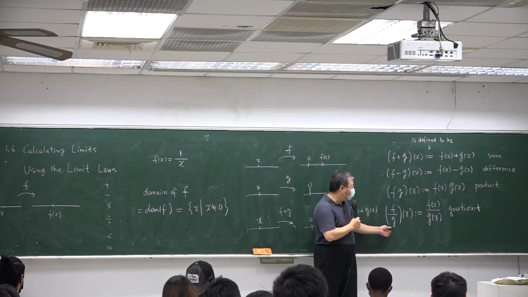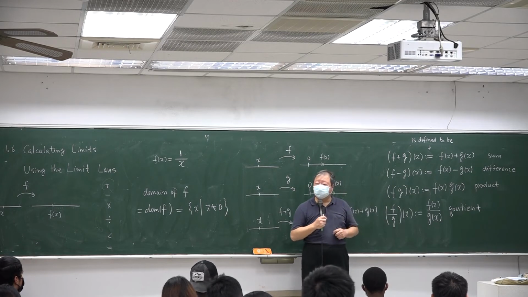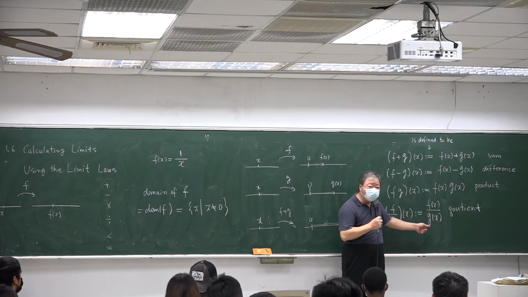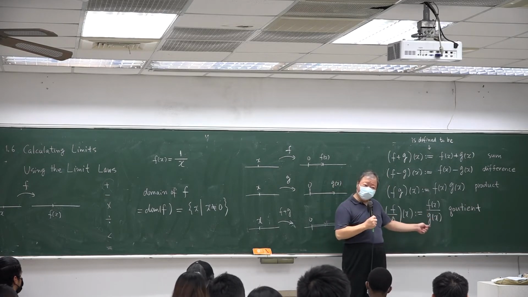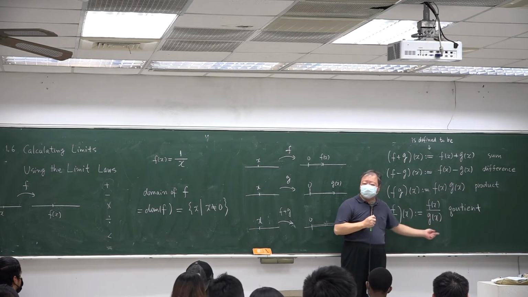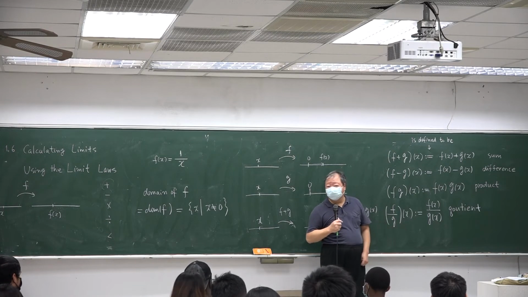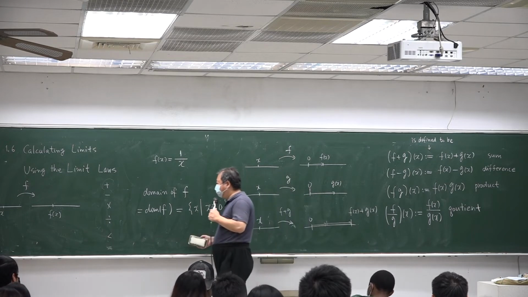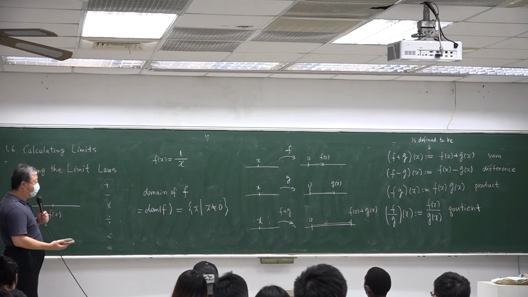For the last one, the domain of the quotient of f and g is, of course, the common numbers in the domain of f and g, and g of x is non-zero. Because if the denominator is 0, this expression is undefined, meaningless. Okay, so it's very easy to follow.